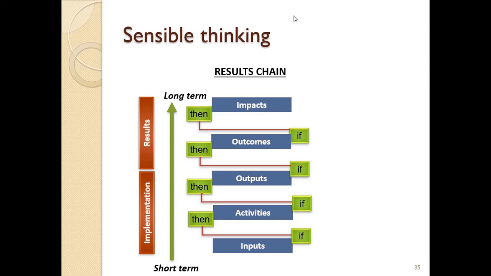Okay, but when it comes to attribution in results-based management and evaluation, at the end of the day, we should be able to know that these long-term or short-term changes have been achieved following the implementation of that particular intervention.